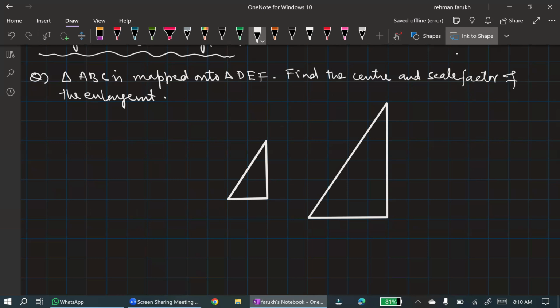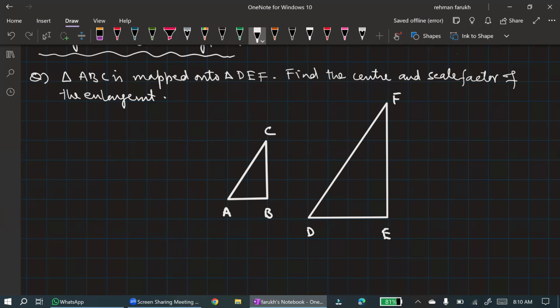Two triangles are given. One is ABC, the other one is D, E, and F. Triangle ABC, the smaller one, is mapped onto triangle DEF. You can see that the figure DEF has been enlarged.